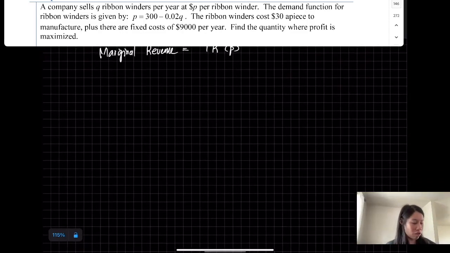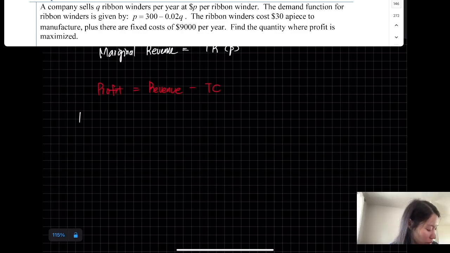Okay, so first of all, we identify the problem in the math word problem. The profit should equal the revenue minus the total cost, right? They didn't give you a profit function straightforwardly, so we need to find the revenue function and the total cost function.